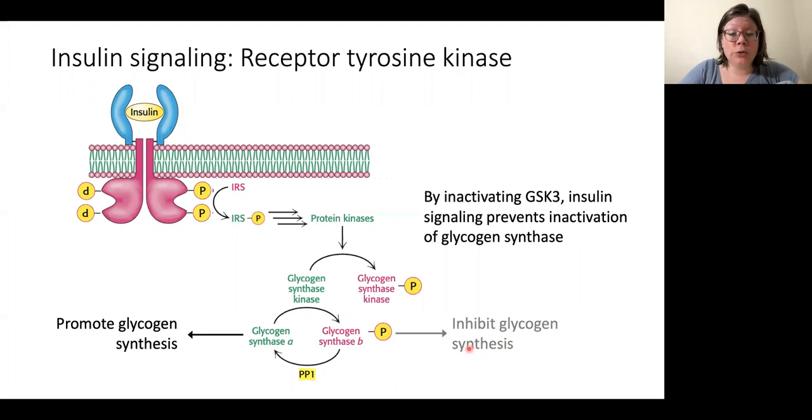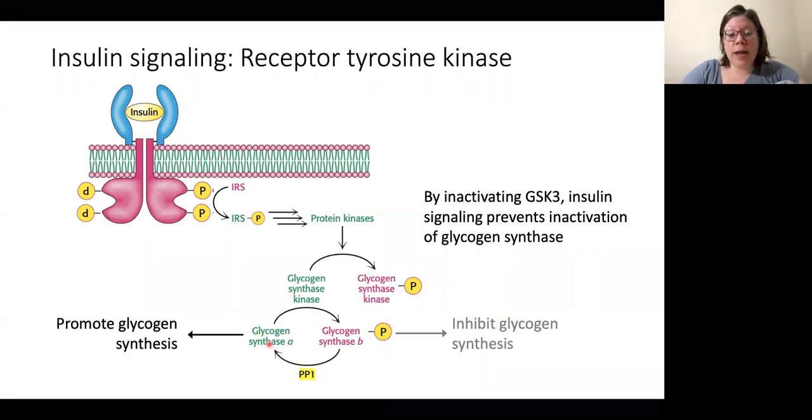But I just told you that insulin signaling is going to phosphorylate and inactivate glycogen synthase kinase. That means we're not going to be able to inactivate glycogen synthase by phosphorylation. Instead, glycogen synthase will stay in the active form, the A form, and promote glycogen synthesis.